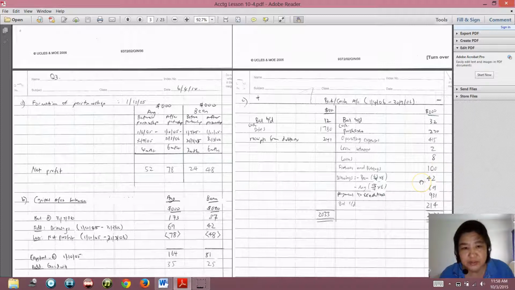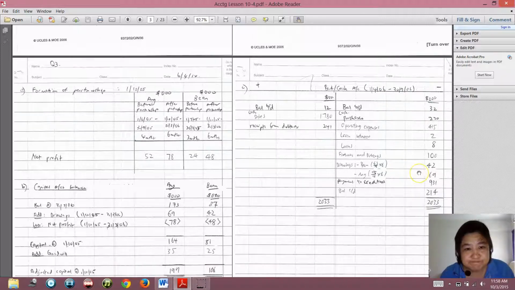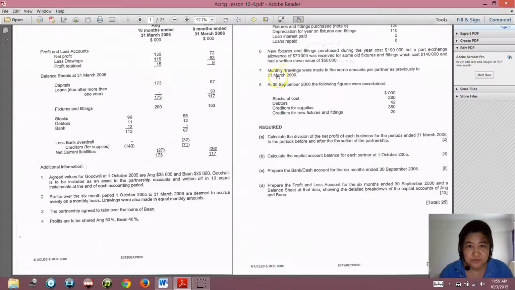So this one, drawings, is also a payment for this period, 1st April 2006 to 30 September 2006. So this is for a 6 months period. You see, note 7 of the question says monthly drawings were made in the same amount per partner as previously to 31st March 2006.